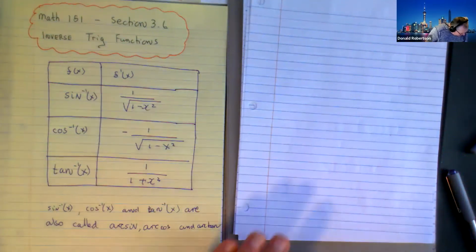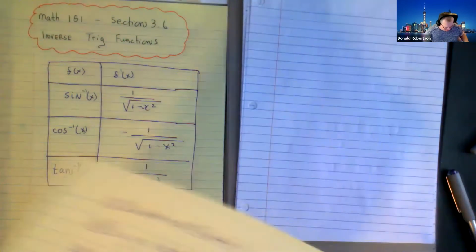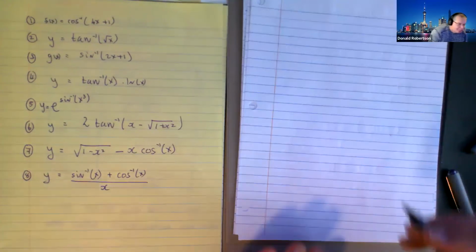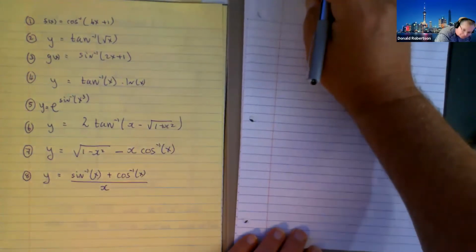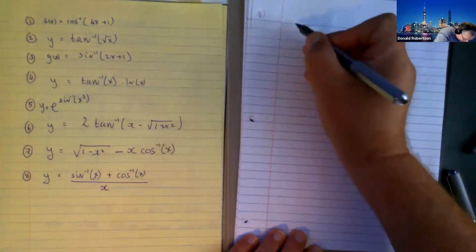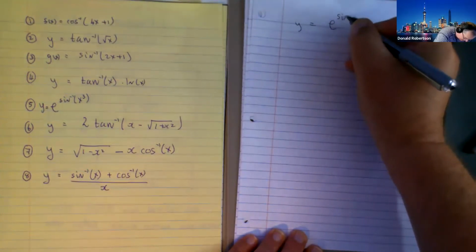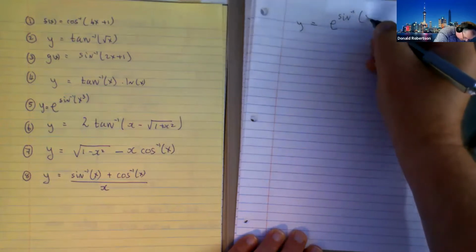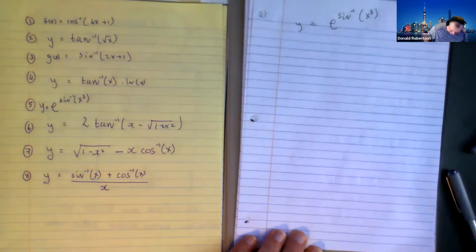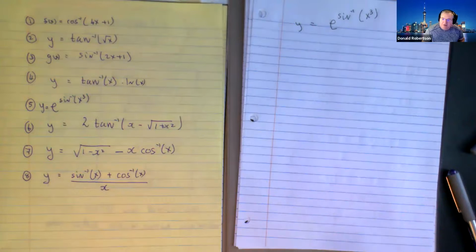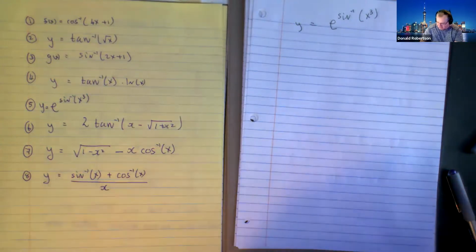Let's continue back to kind of my original list, which is this one. So next fella we're going to do is e to the inverse sine of x cubed. And yes, this is a chain rule, but this is a Russian doll chain rule. This is going to be a chain rule inside another chain rule.